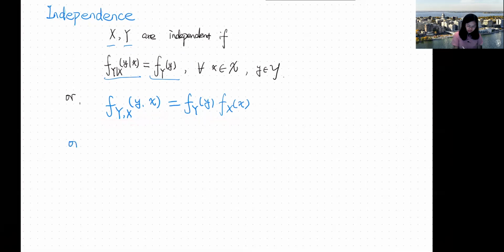Or equivalently, you can also use joint cumulative distribution functions. The joint cumulative distribution function should also satisfy the product rule.